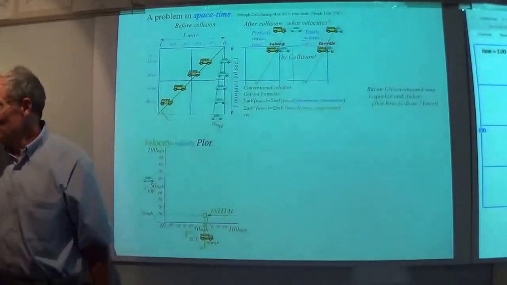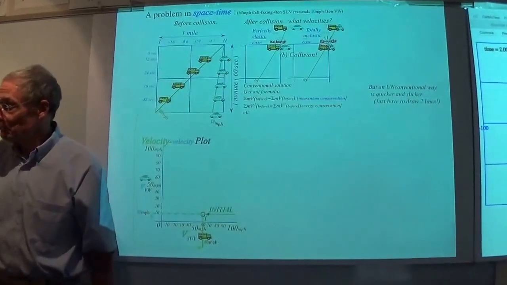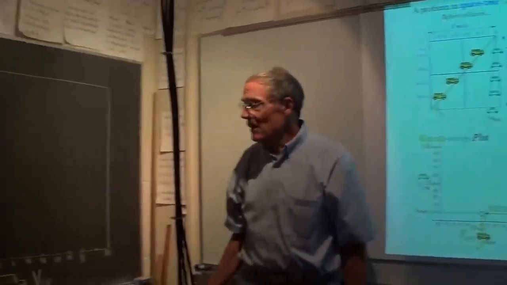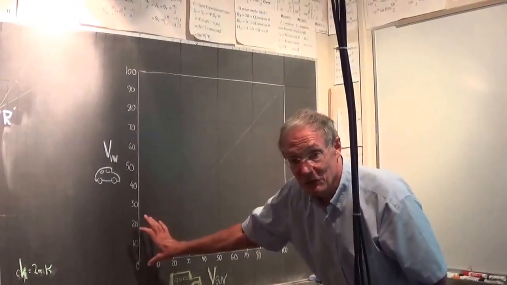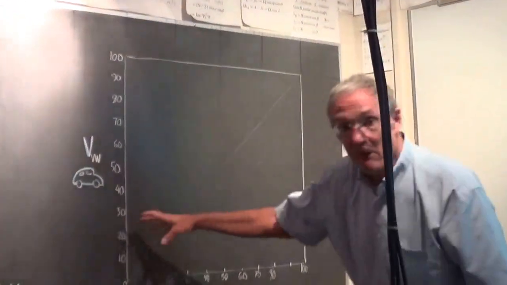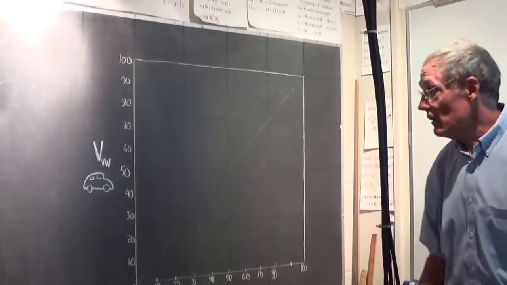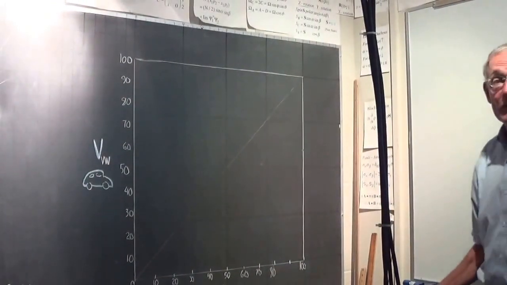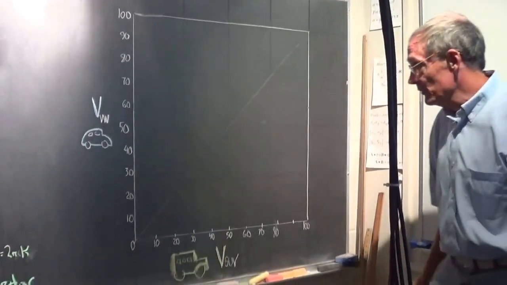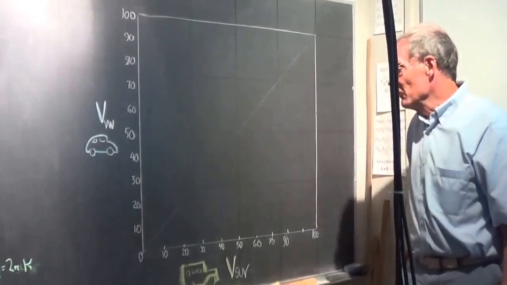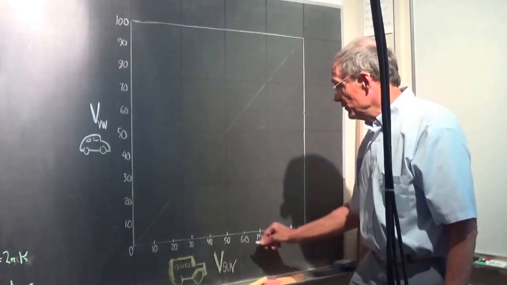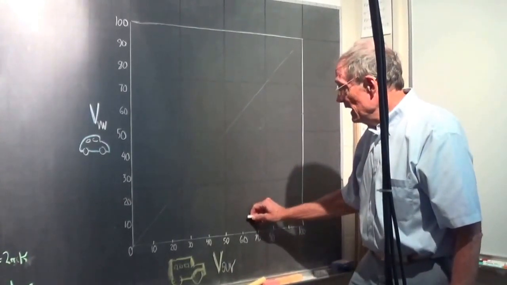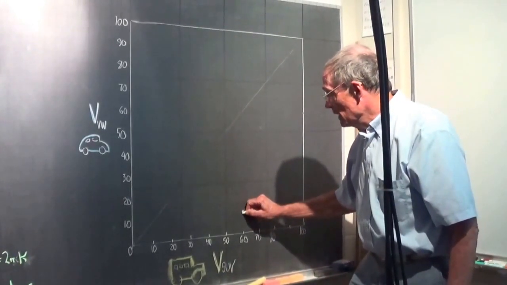And on the board right here, I have a graph that you should probably make right away. If this is an inch on your graph paper, that would probably be a nice scale. You don't have to be too careful with this one because it's so simple and so obvious, the numbers. But basically what we're going to do is have an initial 60 miles an hour and 10 miles an hour right here.